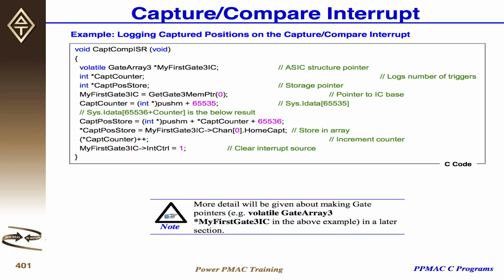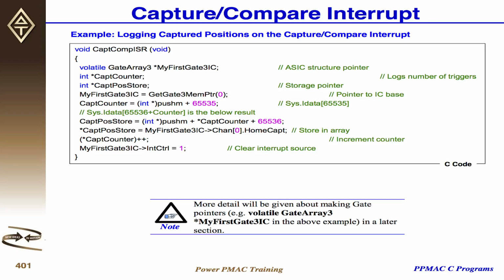And then here we're using the function getGate3memptr to assign the memory address to the pointer. We initialize the capture counter to be sys.idata 65535. And then we initialize the pointer that will store the positions in 65536.